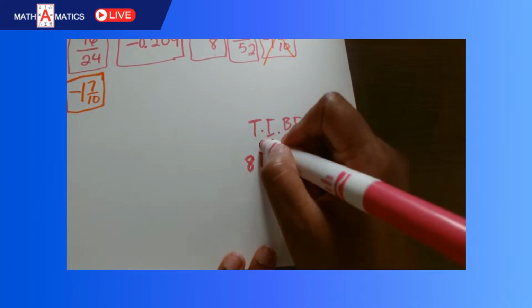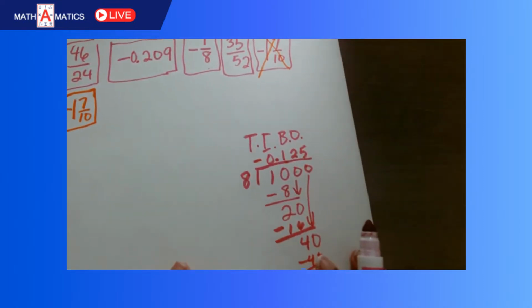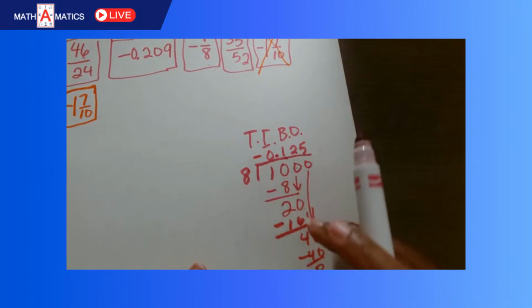And we know this is negative, so we won't forget that. We have a negative 0.125.